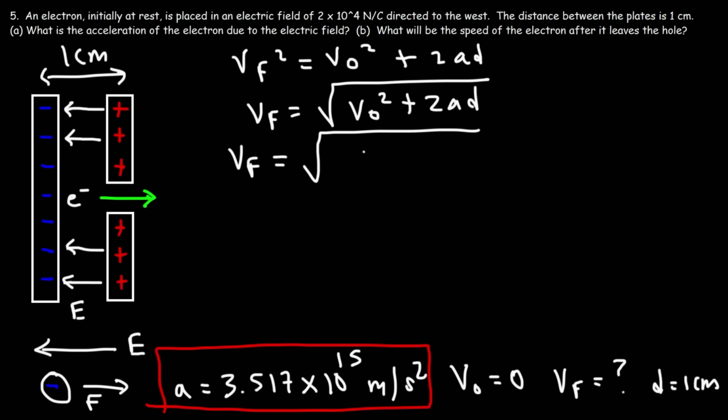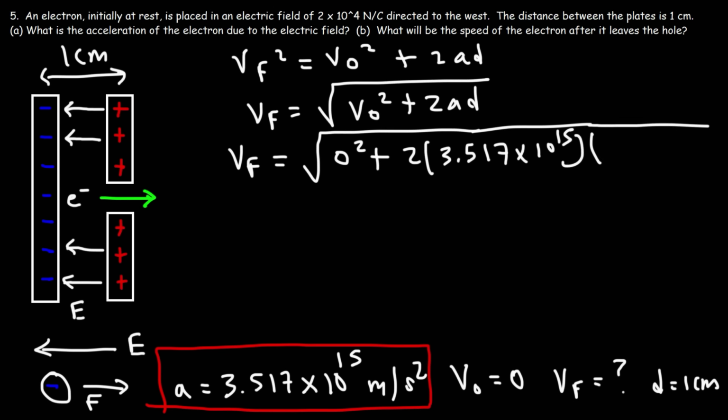The initial speed is 0. This is going to be 2 times the acceleration, which is 3.517 times 10 to the 15. And the distance between the plates is 1 centimeter. So if we convert 1 centimeter into meters, we need to divide by 100, and it's going to be 0.01 meters.